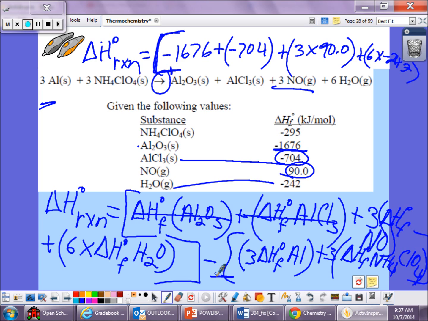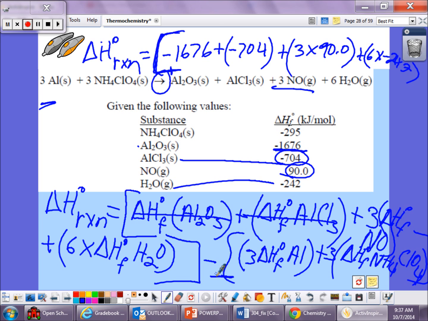The standard heat of formation of any element in its standard state, the way it exists, is 0. So I have students scratching their head, going crazy, but they did not give me the standard enthalpy of formation of aluminum. I cannot do it. I don't have all the information. It is 0. They don't have to tell you that.